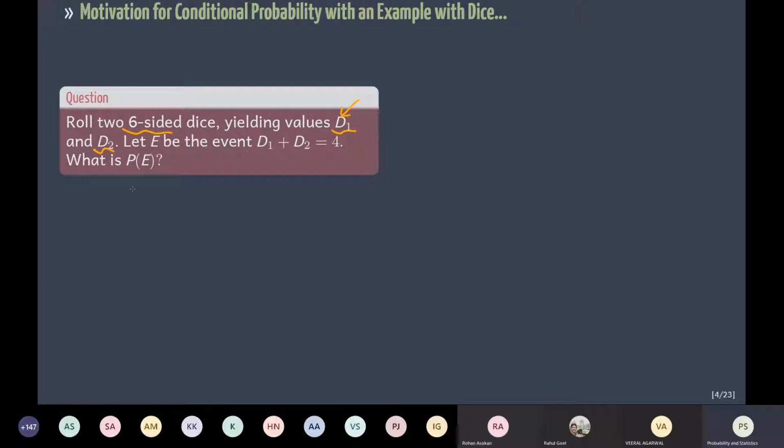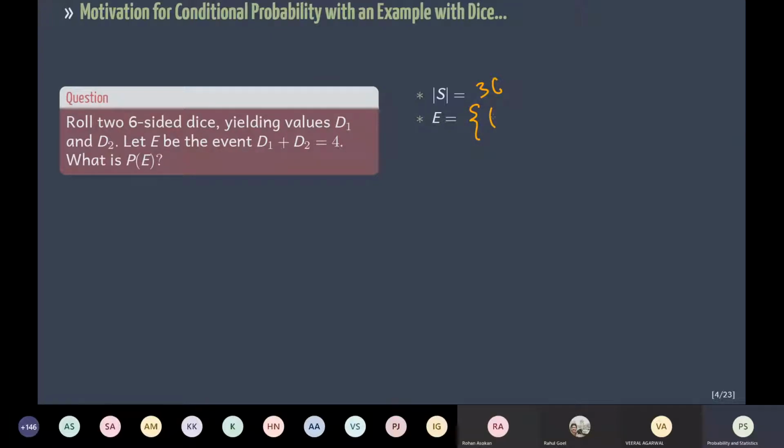Again, we may ask what is the sample space. Since these are six-sided dice, the size of the sample space is 36. And the event that we are given is D1 plus D2 is 4. If we think of the event set, what are the possibilities we have? Since this is a small case, we can count those where D1 plus D2 is 4.